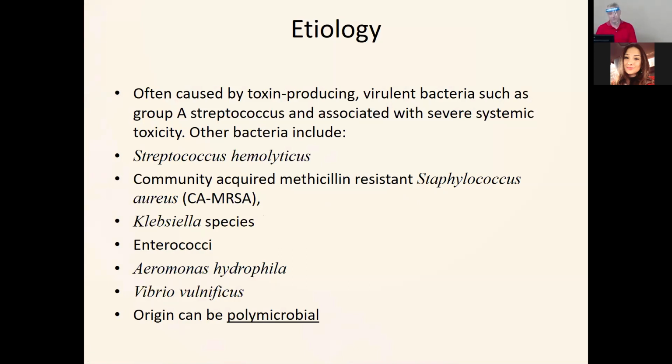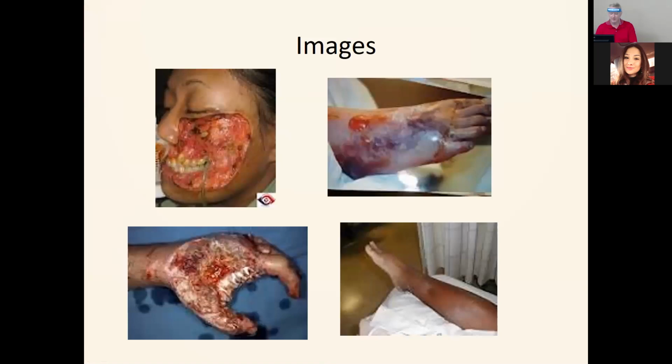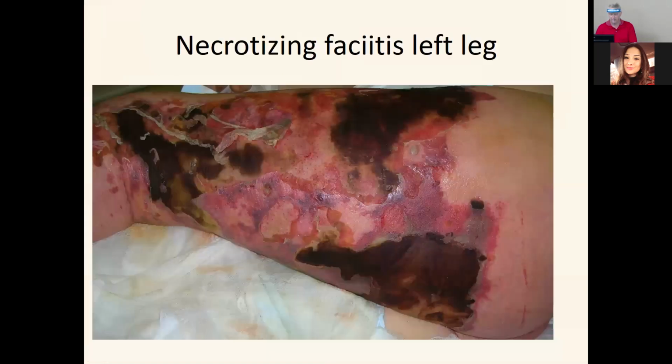Could be Vibrio from polluted water that's pushed into the Gulf from the sewage systems of those cities down there. And then we have some bad, gross out pictures, just to give you an idea of what may happen if you end up with necrotizing fasciitis.